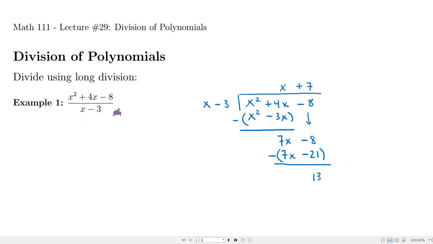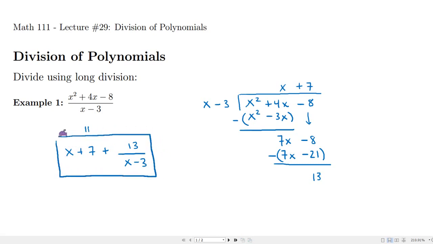That tells us that this whole fraction is equal to your answer, and then this is your remainder. So your remainder is 13 divided by what you're dividing by, x minus 3. And that is the process of long division.